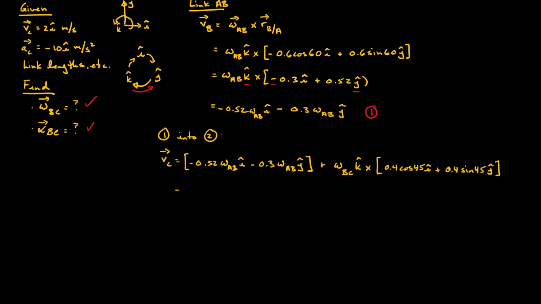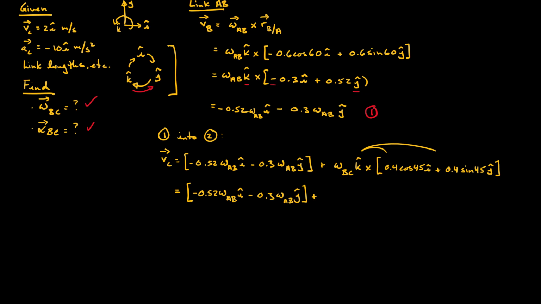Okay, so let's carry out this cross product and also carry out the multiplication of 0.4 cosine of 45. So we have 0.52 omega AB in the I direction minus 0.3 omega AB in the J direction. Again, we're going to use our little triangle to help us with our cross products.